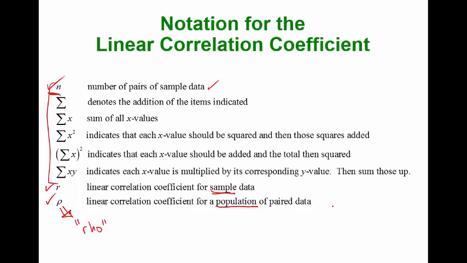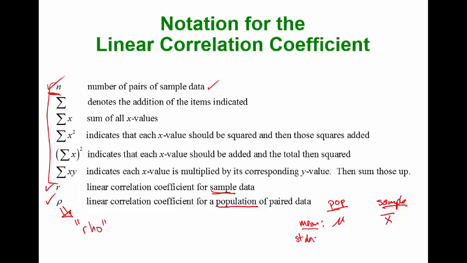Just to remind us, between parameters and statistics: our mean for a population, when we do hypothesis testing, we use mu for a population, and when we do our computations, we use x bar.